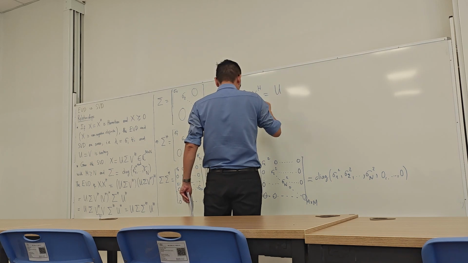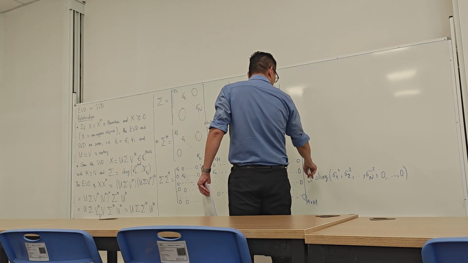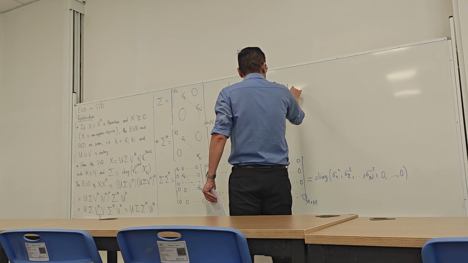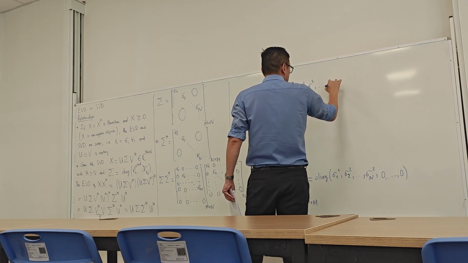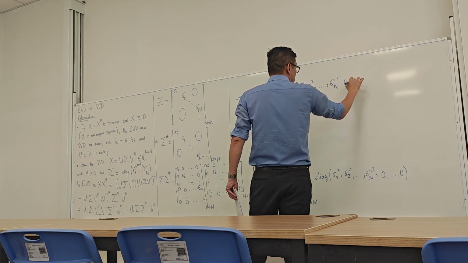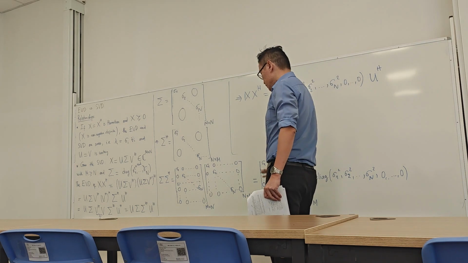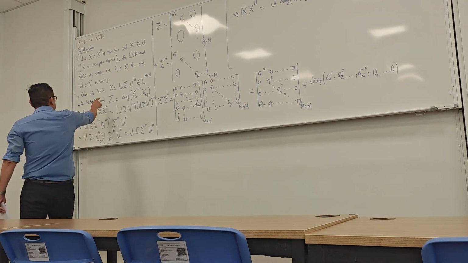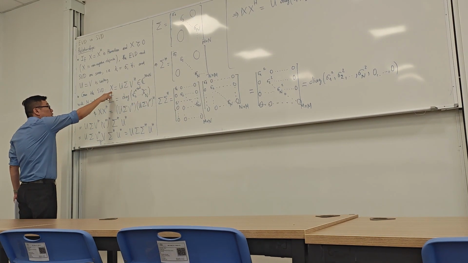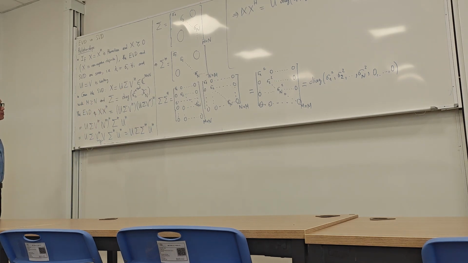This becomes the unitary matrix U, multiplied with this diagonal matrix, sigma 1 square, sigma 2 square, and so on to sigma n square, 0 and so on, and multiplied with U Hermitian transpose. That's the way we have the eigenvalue decomposition. If x has the singular value decomposition like this, then the eigenvalue decomposition of x times x Hermitian is given by the one over there.